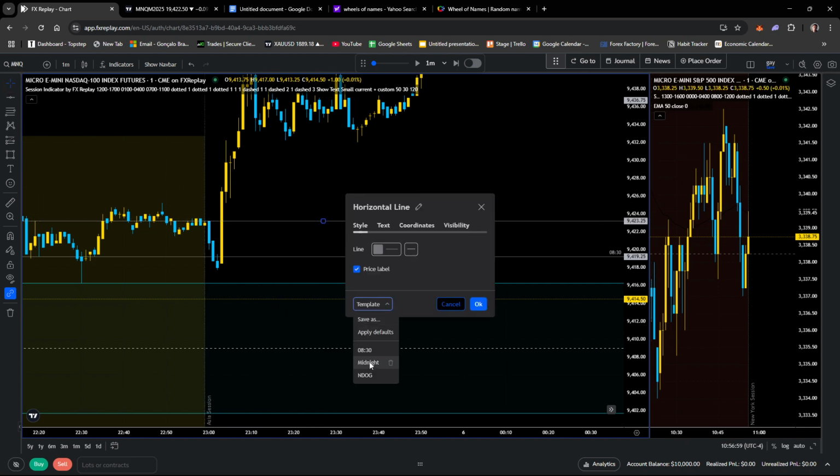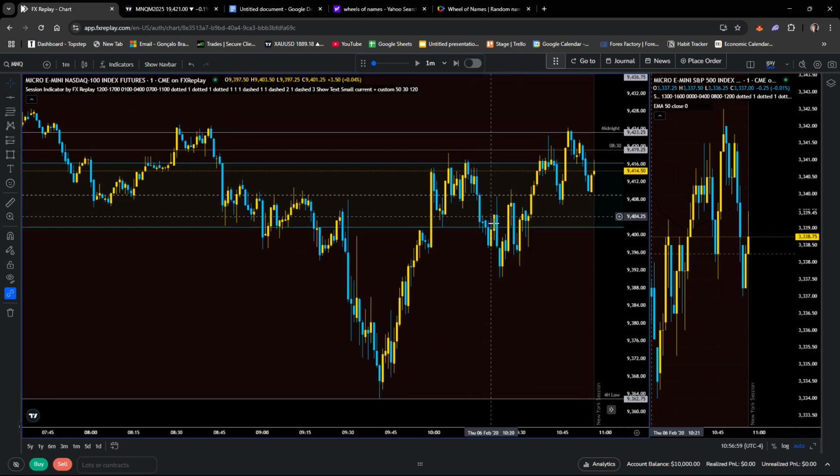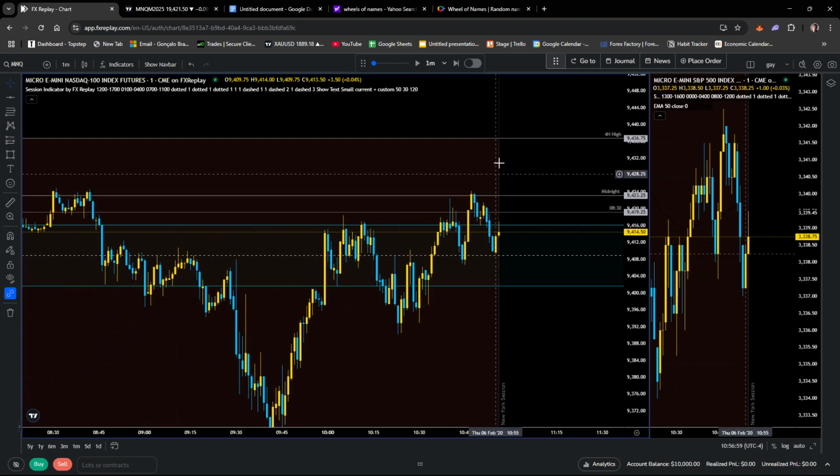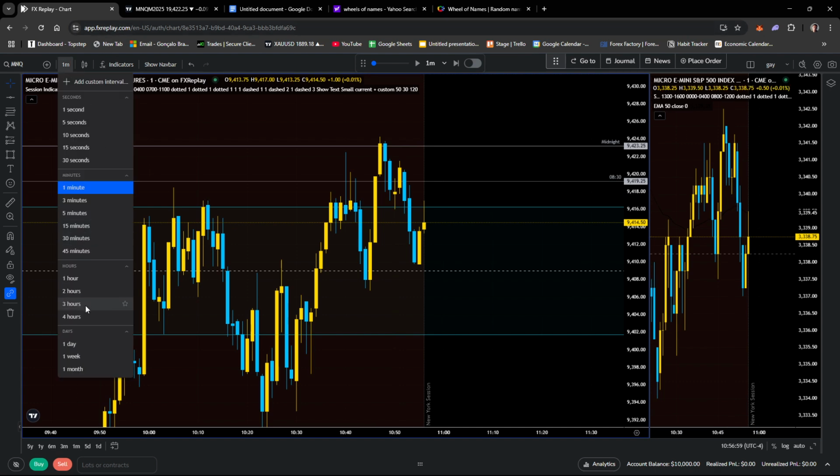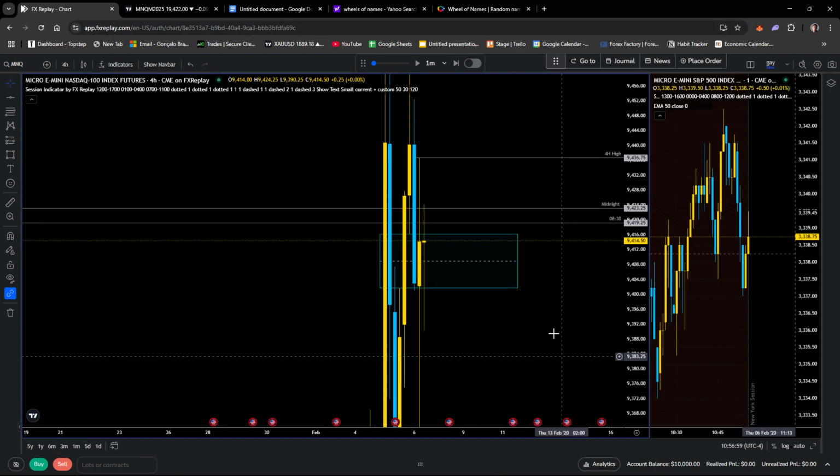So we are beneath both the 8:30 and the midnight opening price, which is bullish. 4-hour is currently inside a gap, so we are in line with our directional bias.